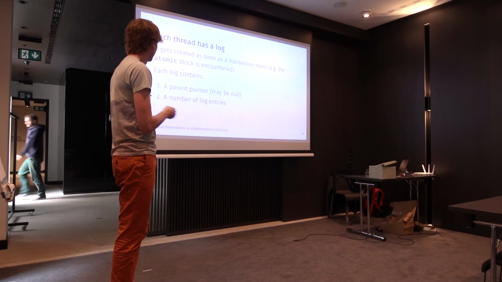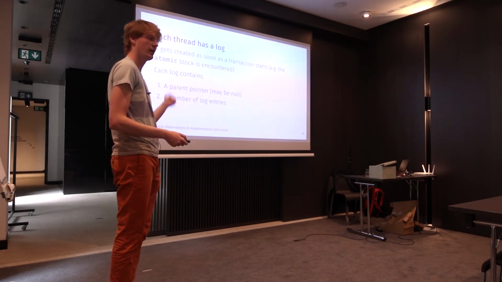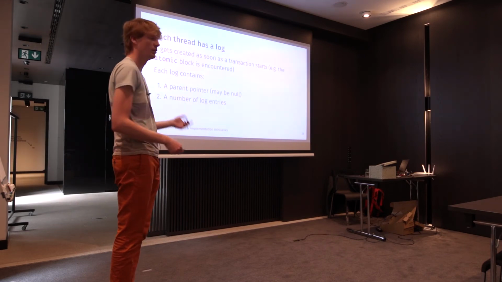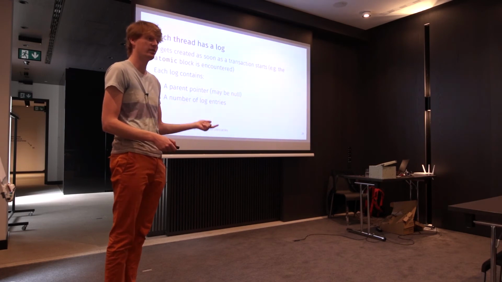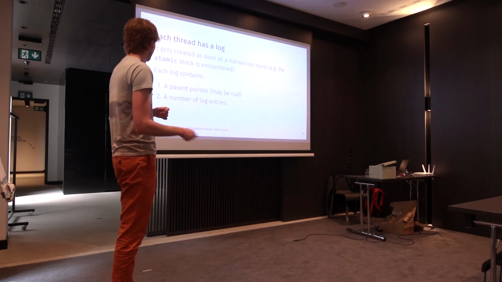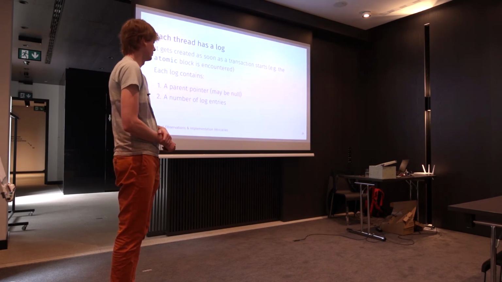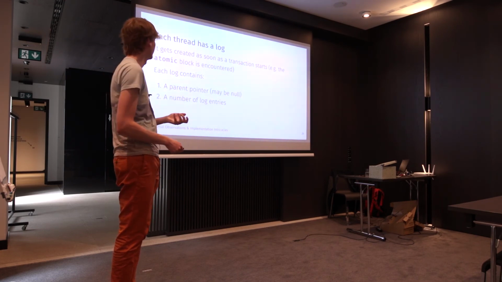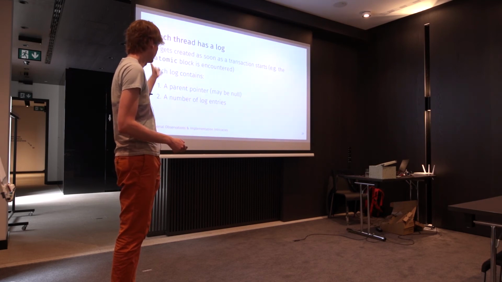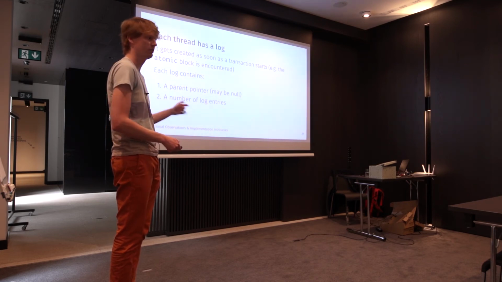Each log contains a pointer to a parent. This may be null, so we can have nested transactions. That's important when we get to the orElse bit. And it has a number of log entries, so for every STM transaction there is a log of things.